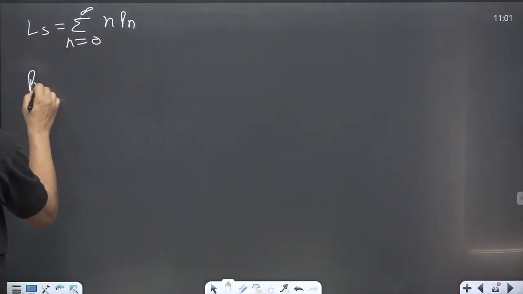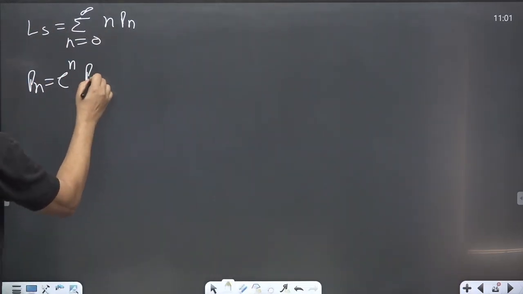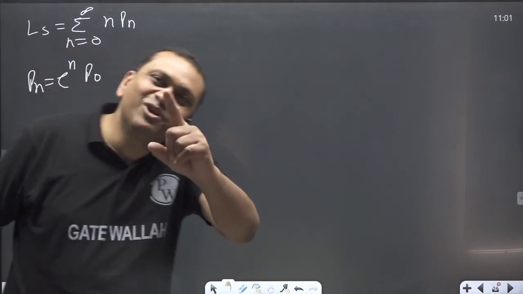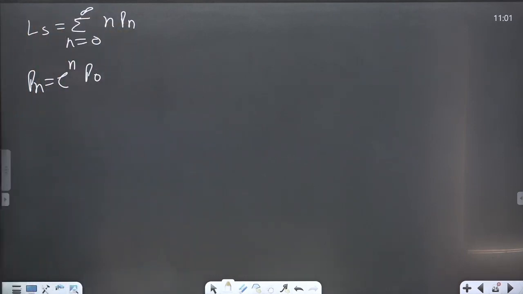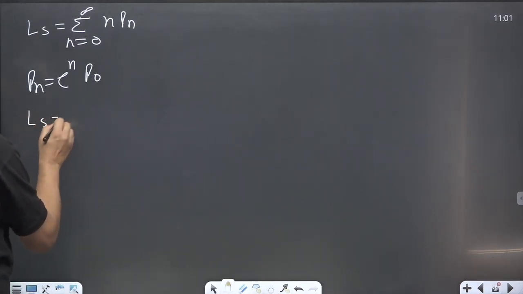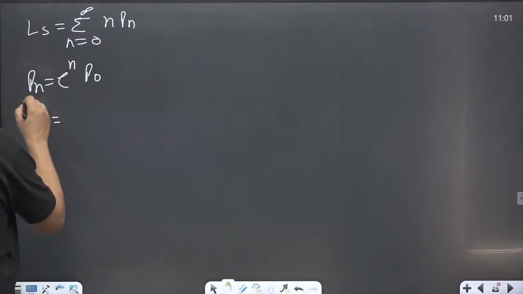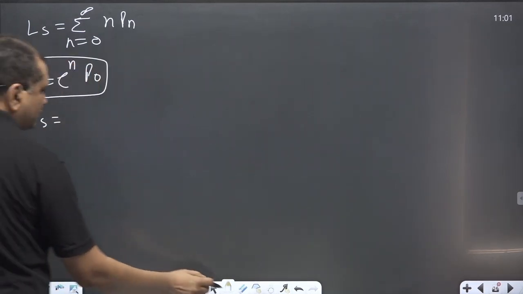Pn is rho raised to power n P naught. P naught value we have calculated, and we got the numerical value also. So just apply these things.